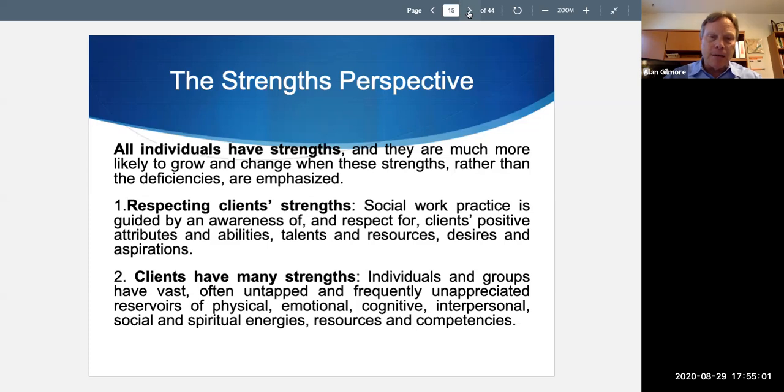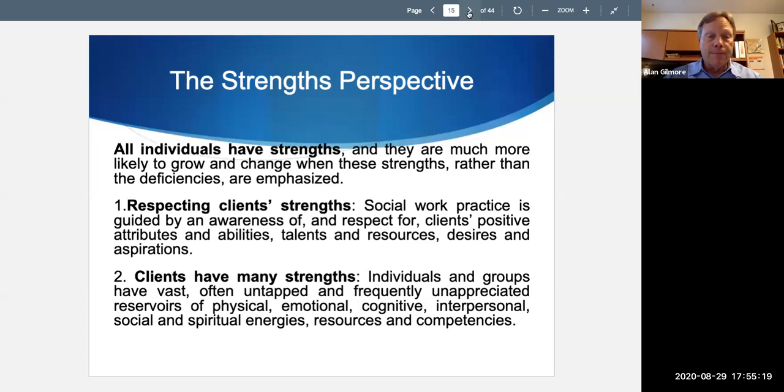We want to be respecting clients' strengths. Again, social work practice is guided by an awareness of and respect for clients' positive attributes and abilities, talents, resources, desires, and aspirations, and we want to recognize that clients have many strengths.